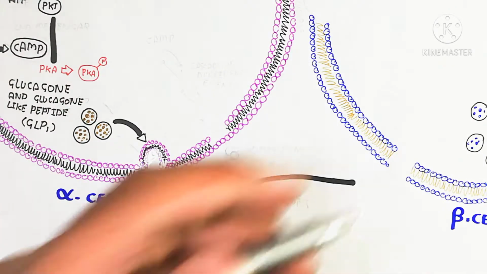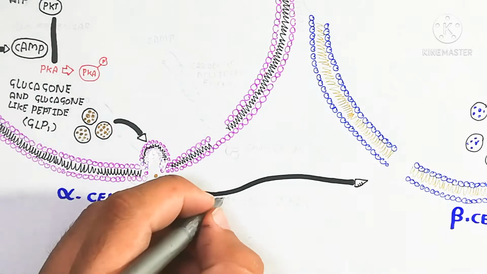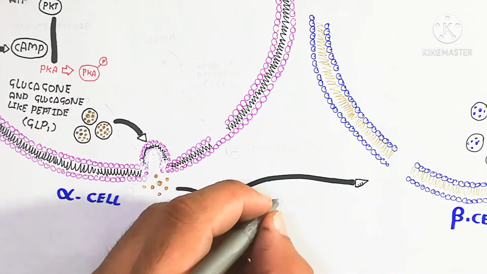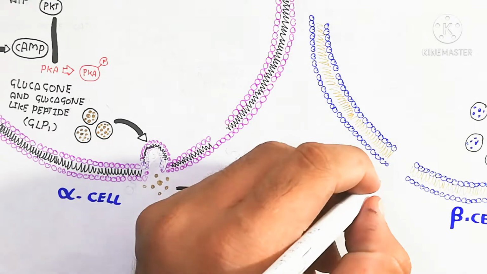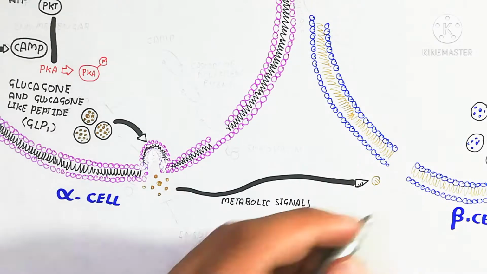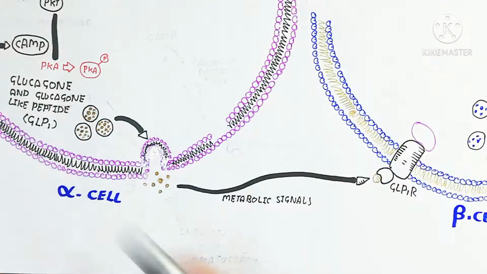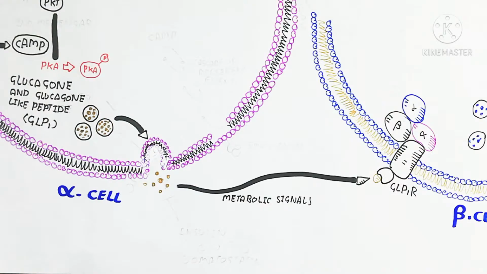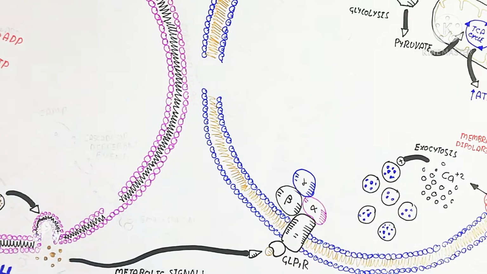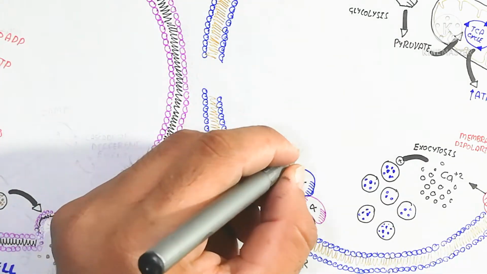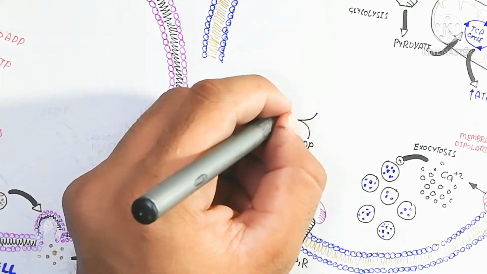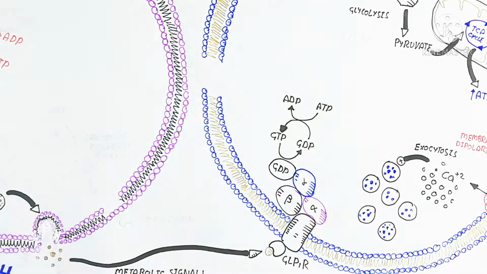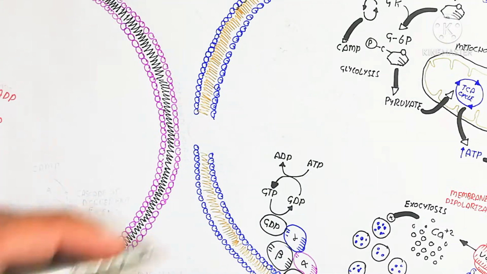So here is the metabolic signal which is stimulated by the production of glucagon and glucagon-like peptide, which is stimulated by binding of the GLP-1 receptor. This GLP-1 receptor is also present in the beta cell. It binds and produces the same cascade of different events to produce cyclic AMP.